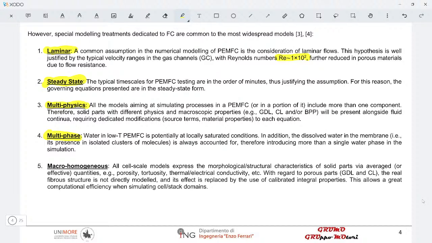Every time you need to predict the separation of more than one phase, you will require a multiphase approach. And there are several multiphase approaches. We will talk about this. But bear in mind that for low temperature fuel cells, you might have gas and liquid. So this already makes more than one phase.